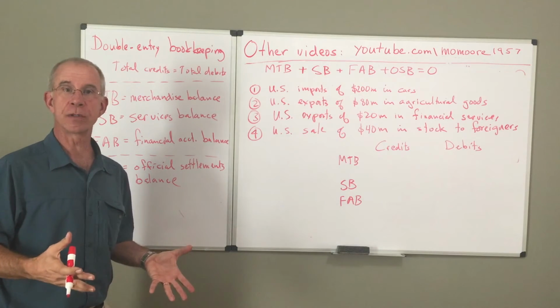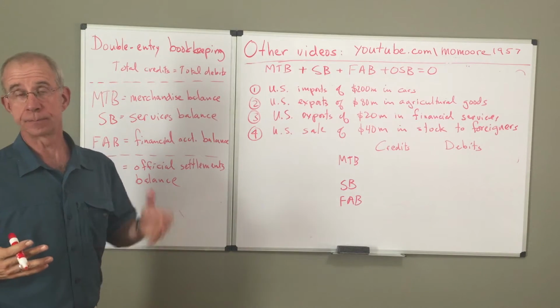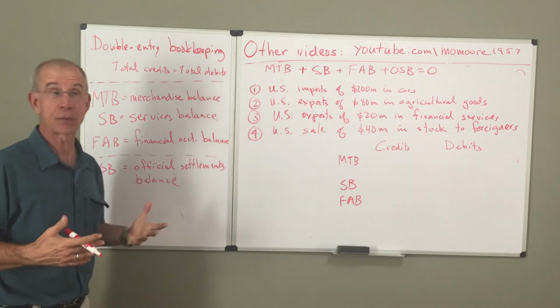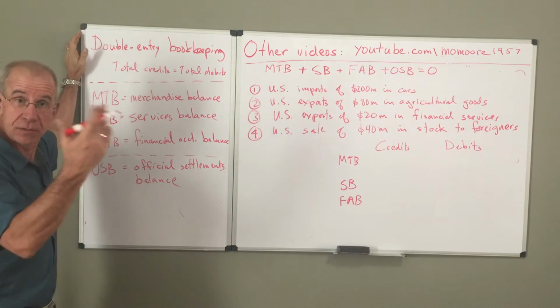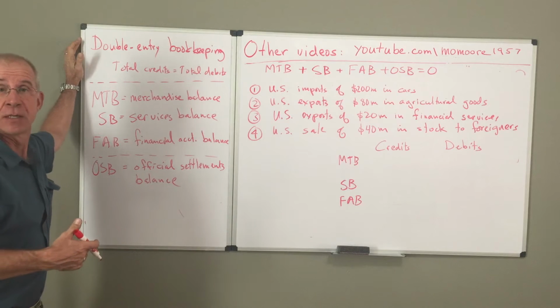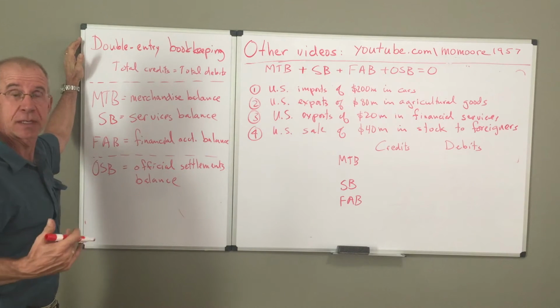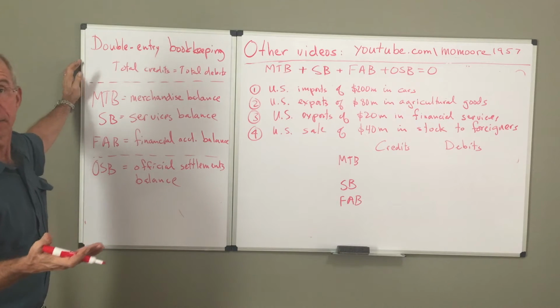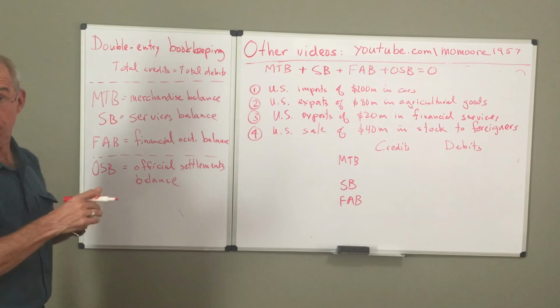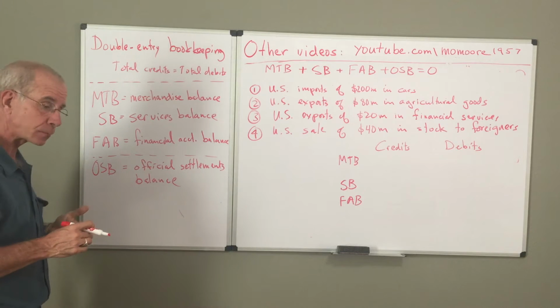In an earlier video, we talked about overall balance of payments accounting issues. Again, the balance of payments is a list of all the transactions in goods, services, and assets between domestic and foreign agents, be it private or public.